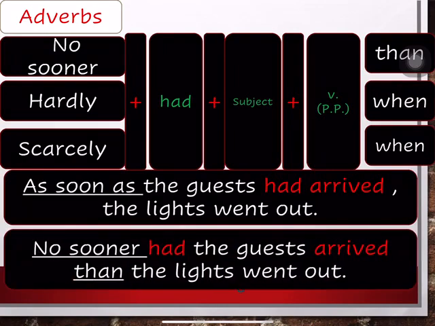No sooner, and then we said no sooner should be followed by had, and then the subject, which is the guests, and then arrived, the past participle of the verb, and then in the middle, between the two sentences, we use than, and then we write the second sentence. So no sooner had the guests arrived than the lights went out.